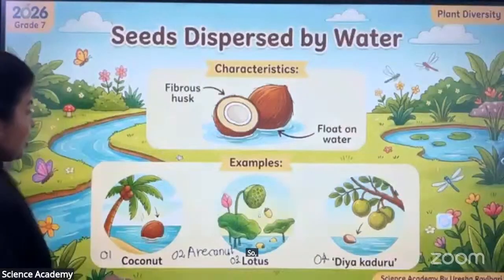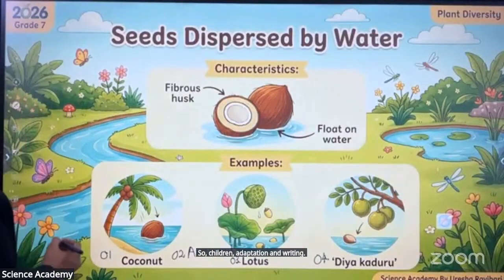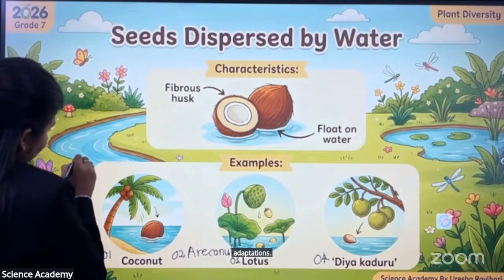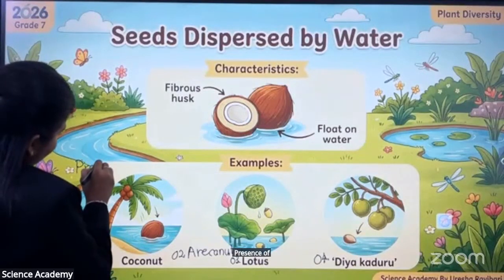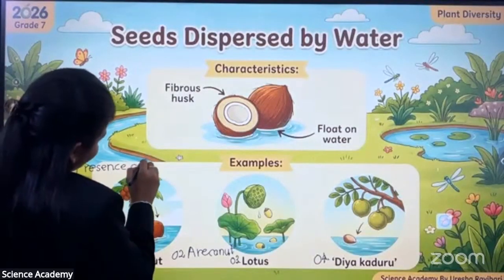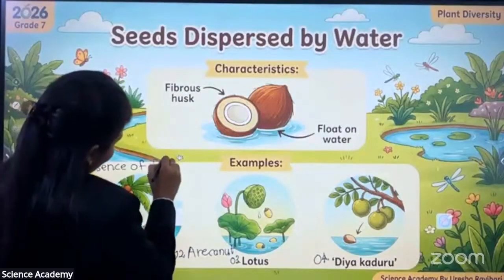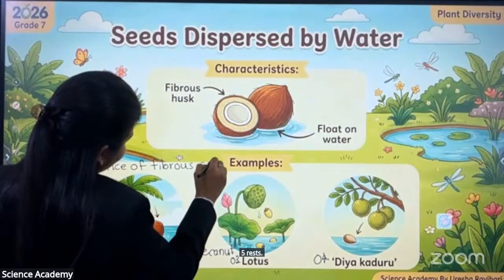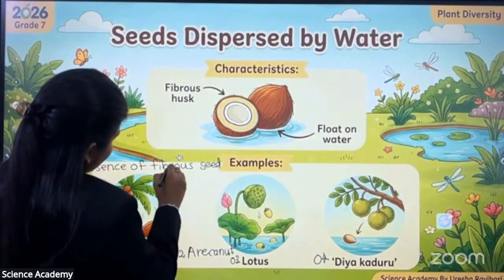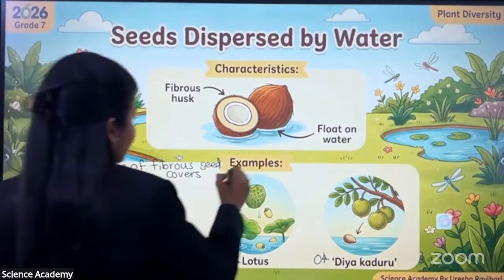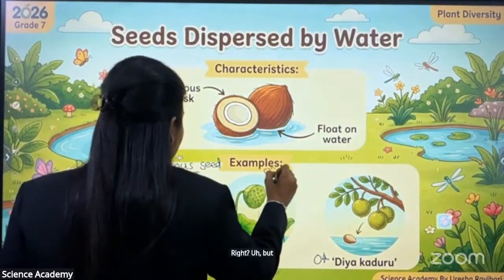So children, I am writing the adaptations. Here I am writing adaptations. Presence of fibrous seed covers. What is the second adaptation?